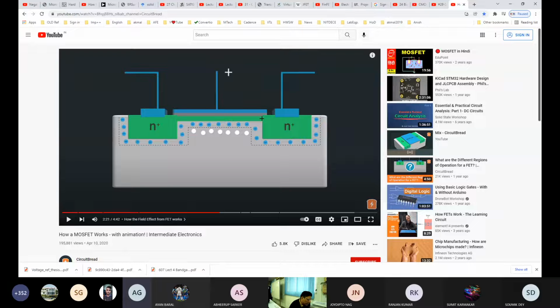And the threshold voltage is very important. This is the minimum voltage we require to create the inversion layer. Why is it called inversion? Because the semiconductor is p-type, containing largely holes as the current carriers. So inversion means that in this material we have created a region which is just opposite to that of its majority carriers.